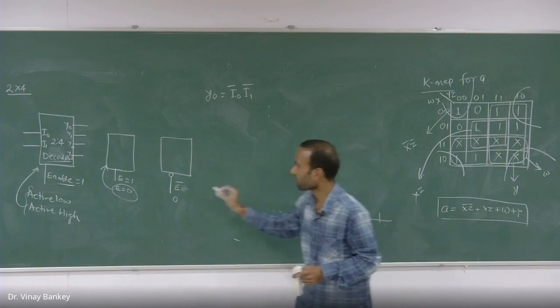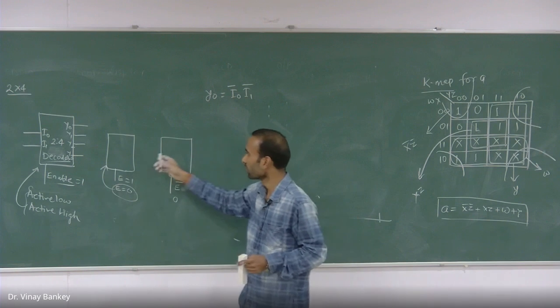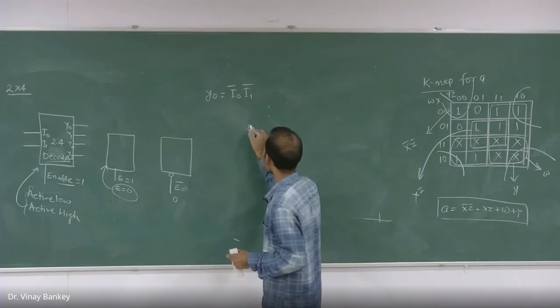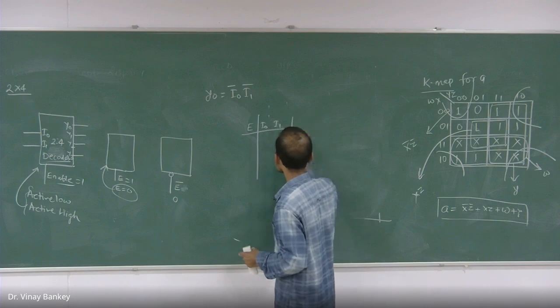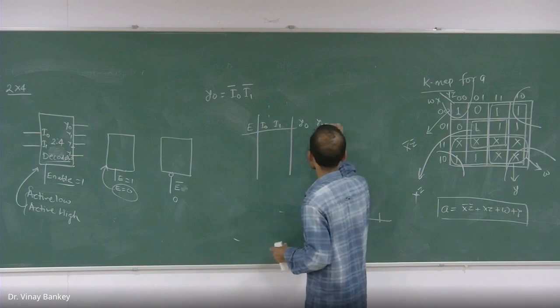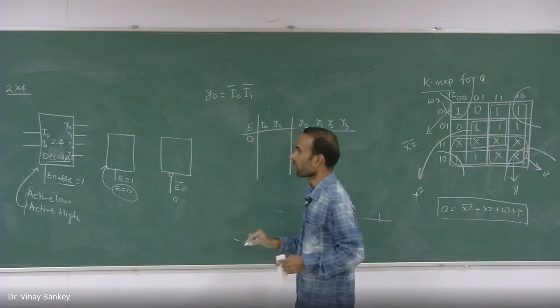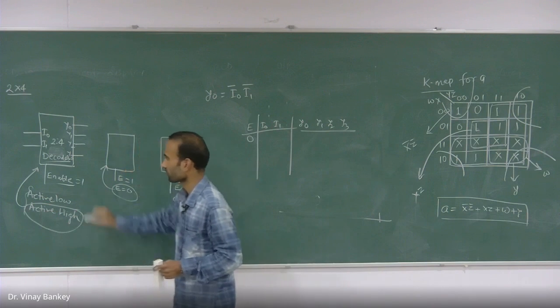But when the enable input comes into the picture, this E should be high always. So we need another truth table for this output. So I have I0, I1 here, and Y0, Y1, Y2, and Y3. I'm talking about only the active high case.